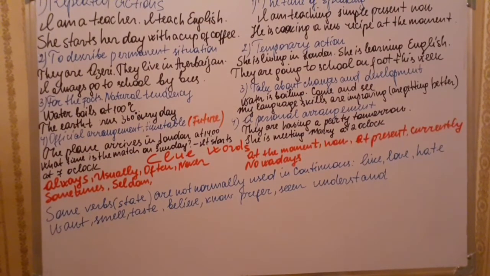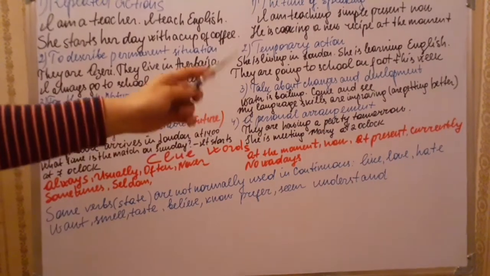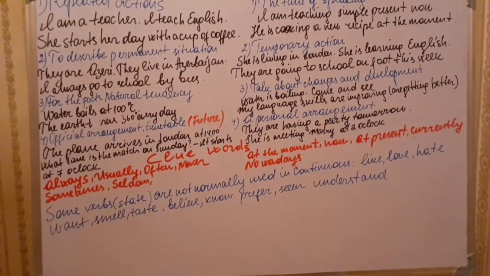I run, or I walk, or I write something. But we have some verbs called state verbs. They don't have any action. They are all about thoughts, opinions, arguments. We are not supposed to use them in the present progressive tense form. Which are they? Like, love, hate, want, smell, taste, believe, know, prefer, seem, and understand.